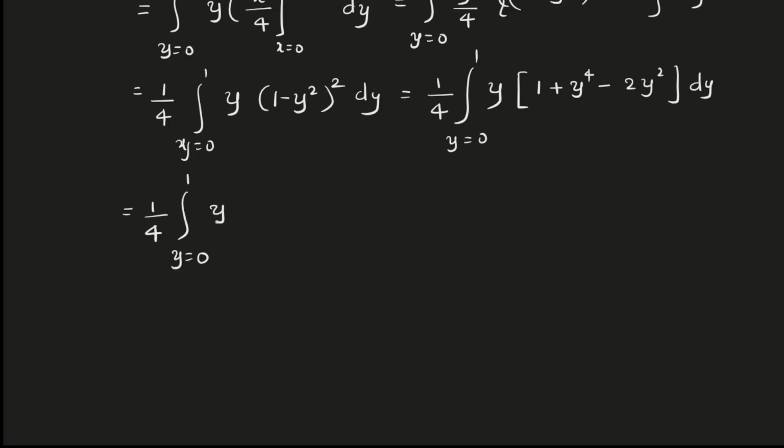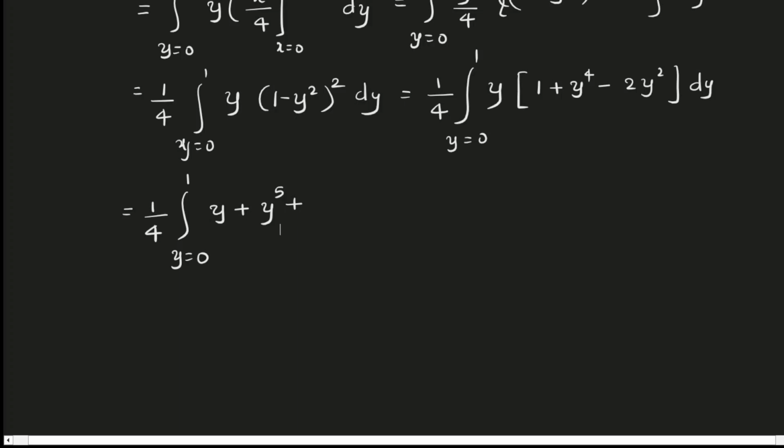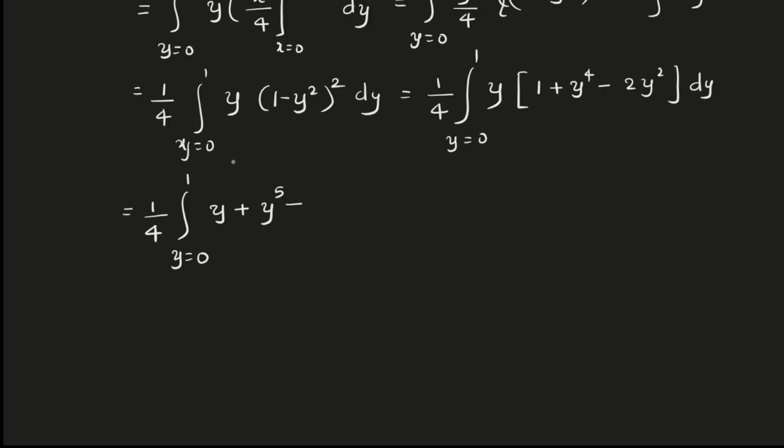So y into 1 is y, plus y raised to 5, y raised to 5, next minus 2 y cube into dy. So what happens now? 1 by 4.